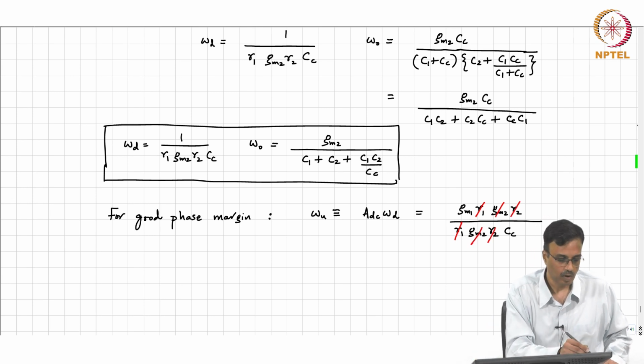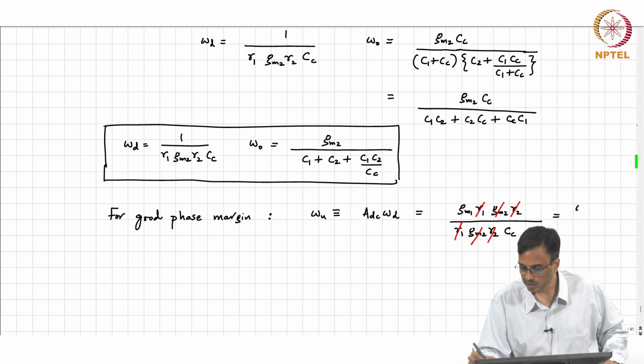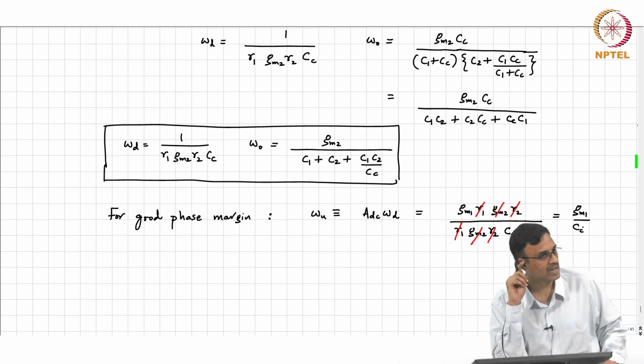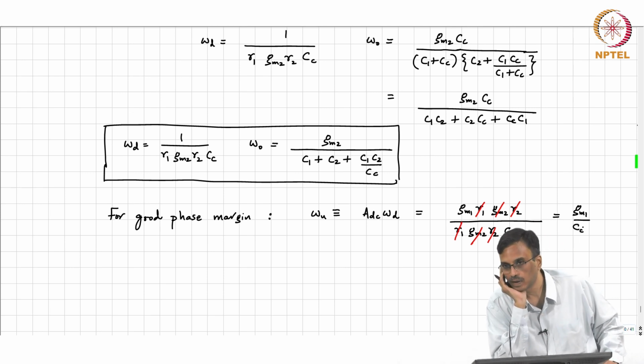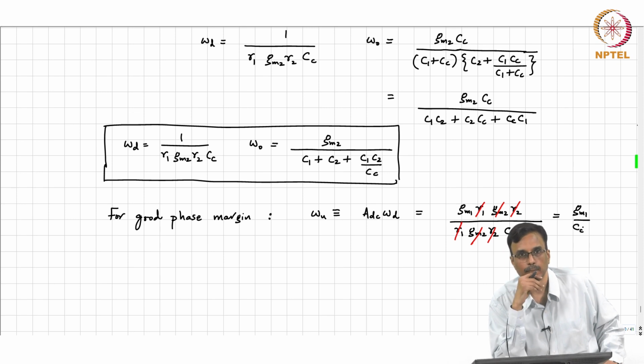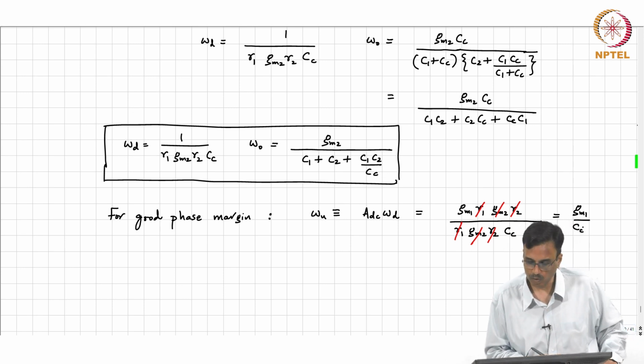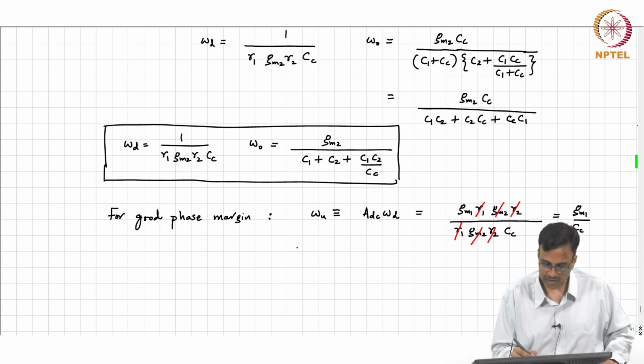So almost unbelievably, it seems like the unity gain frequency is largely independent of everything else. It only depends on Gm over Cc.